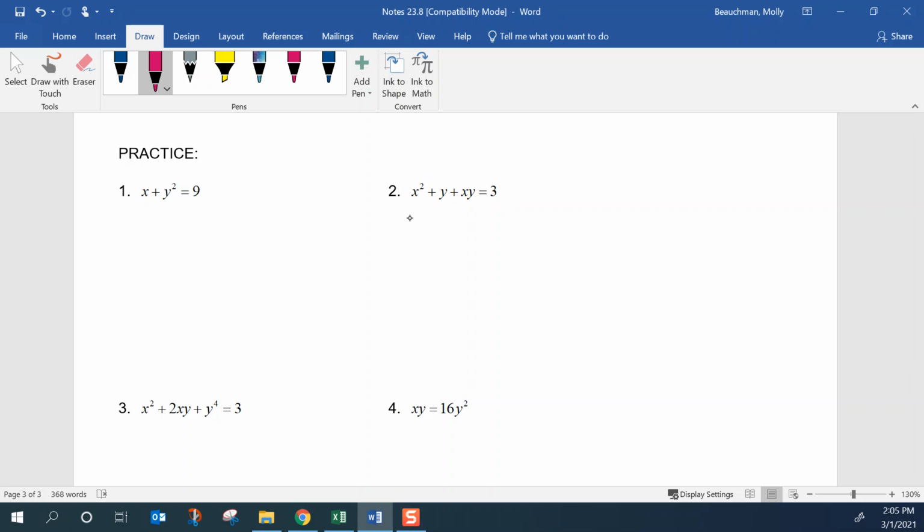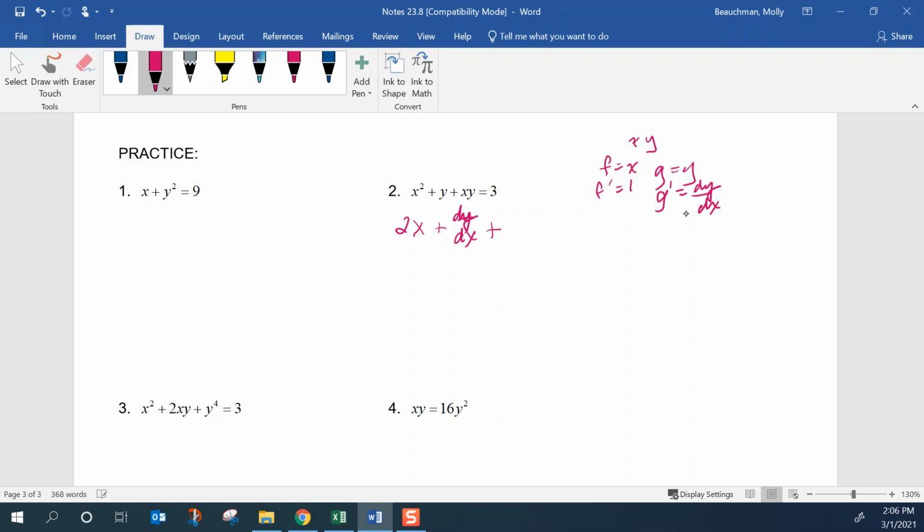Take the derivative of x squared, we get 2x. The derivative of y is 1, use the chain rule, times dy/dx. Plus, the derivative of xy, we need the product rule. So let f equal x, g equals y, f prime is 1, g prime is dy/dx.